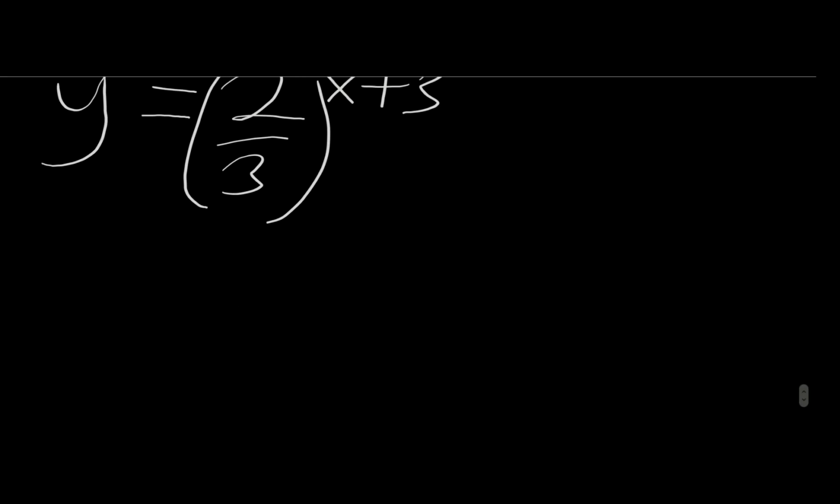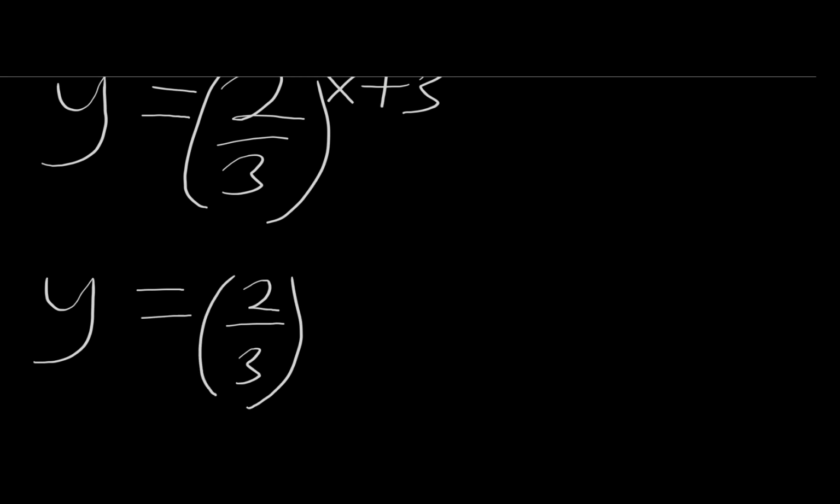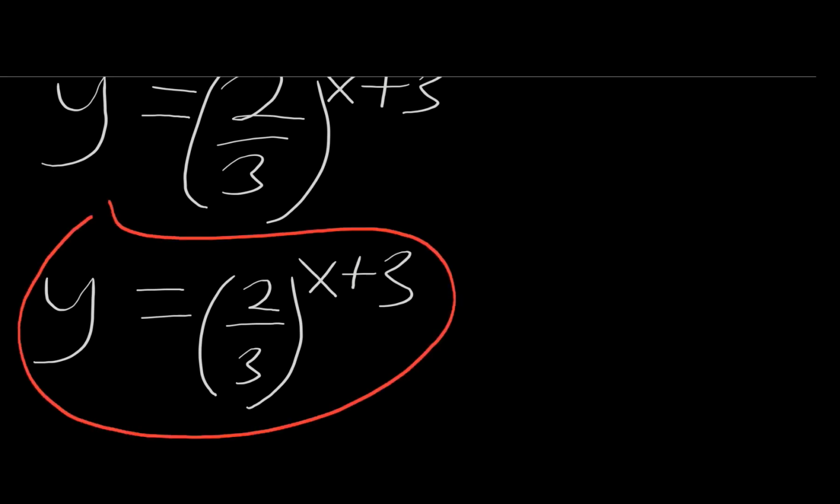Therefore, the rule of this map is y is equal to 2/3 exponent x plus 3. And this is the rule for example number 2.